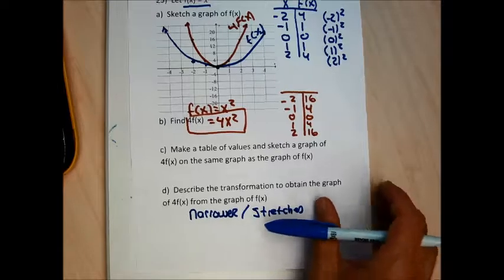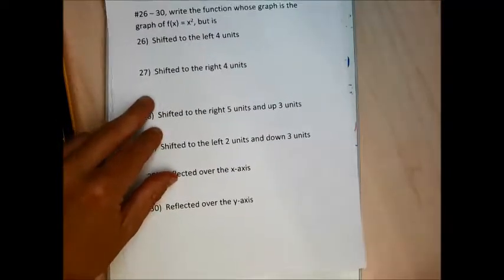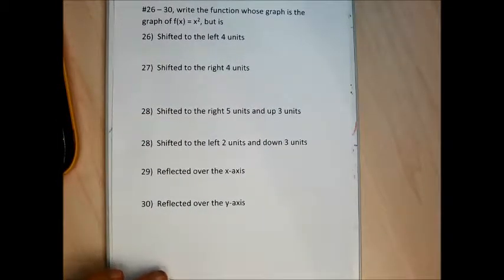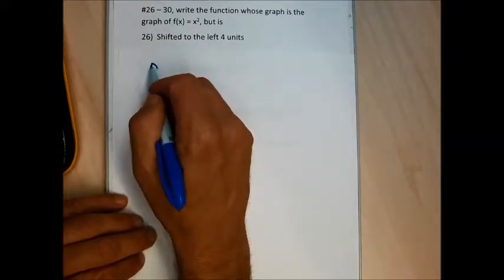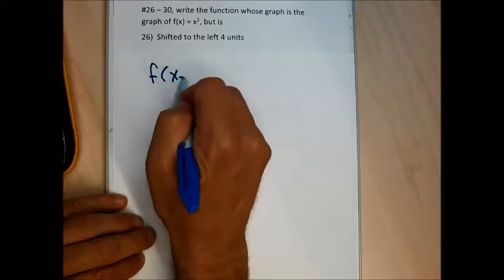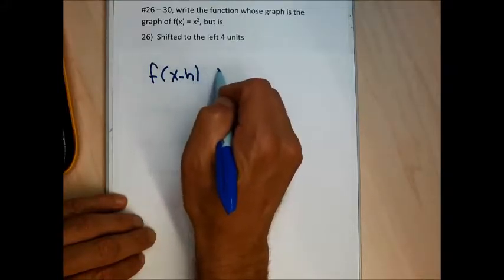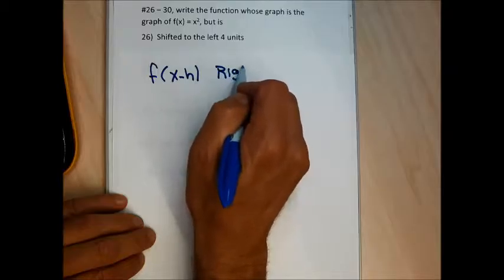All right. 26 through 30 wants me to create a function that compares to f of x equals x squared, but it's moved. And to move a graph, I should know that f of x minus some number in a parentheses is going to shift the graph right.